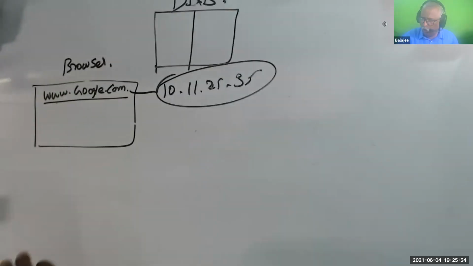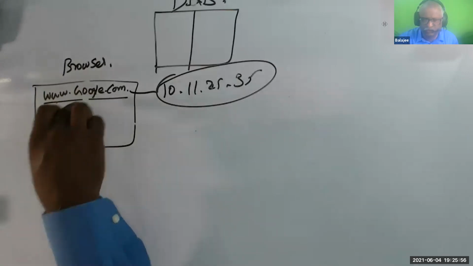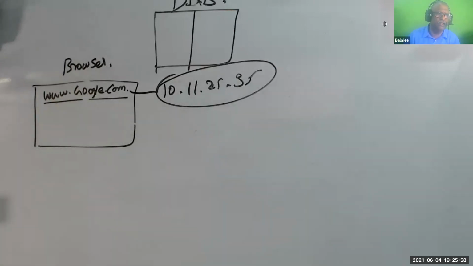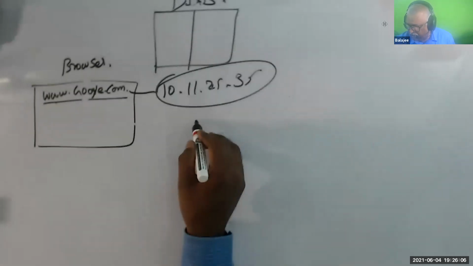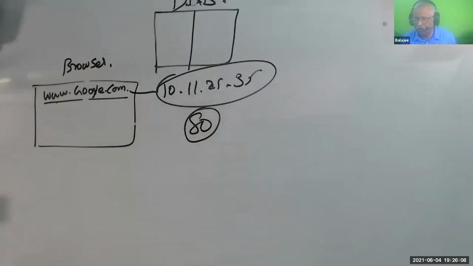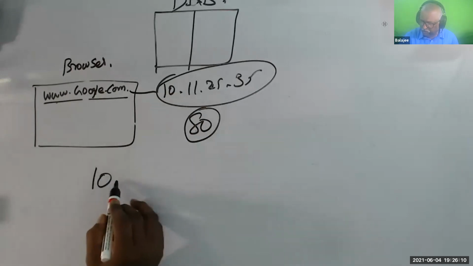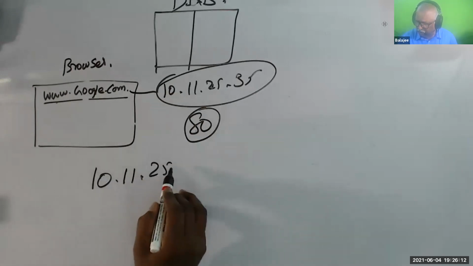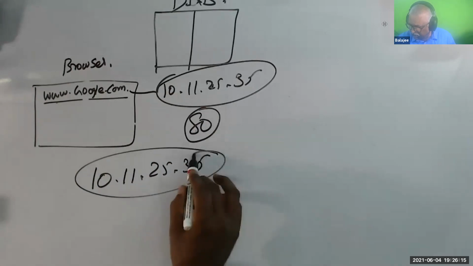then your browser, okay, this is an application. You will be taking a port. Let's say you have a port address of 80. 10.11.25.35 is your machine address.